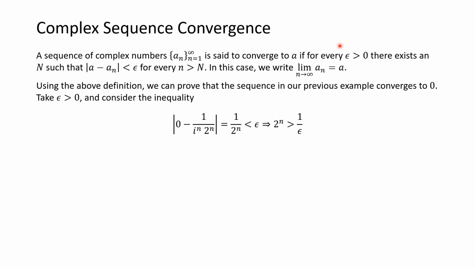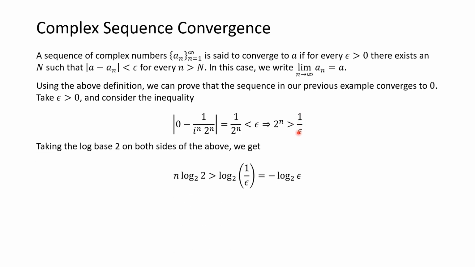So let's apply this to our second example from the previous slide. We take the modulus of our supposed value for the convergence, 0, and subtract from it your a sub n term. This modulus equals 1 over 2 to the n. Remember, the modulus of i is just 1. And that's less than epsilon whenever 2 to the n is greater than 1 over epsilon. We can take the log base 2 of both sides of this inequality here.